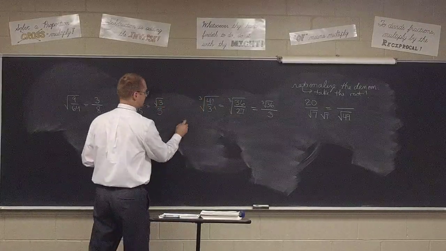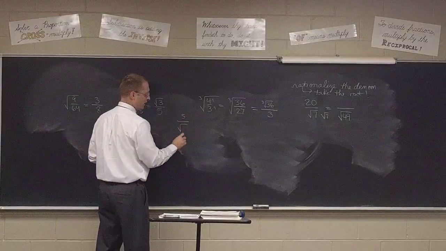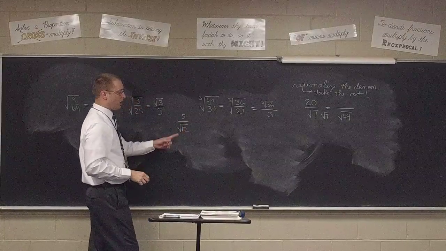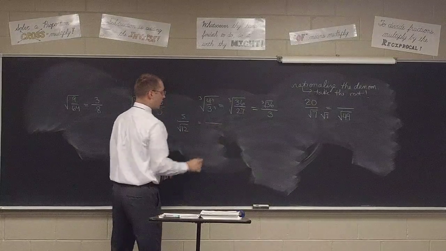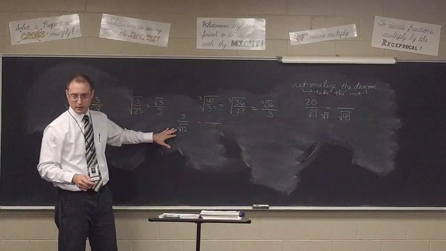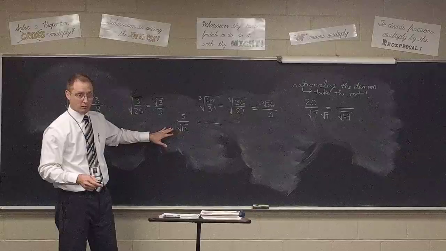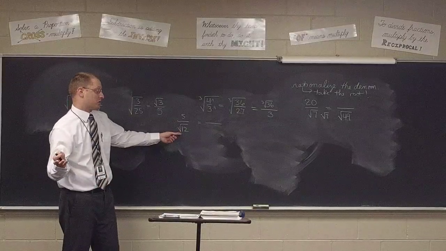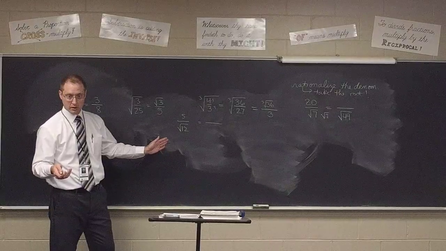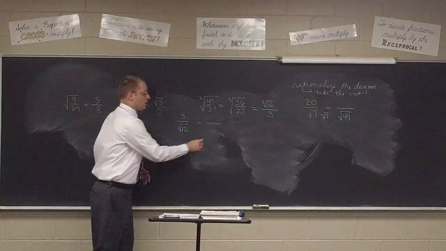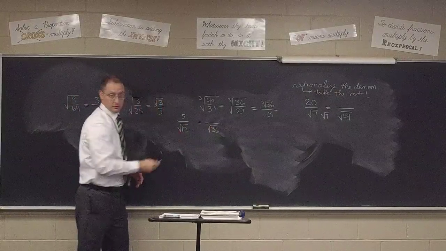Now, not always does it have to be multiplied by itself. For instance, if we had, say, 5 over the square root of 12, I don't have to multiply by square root of 12 to make this rational, right? What could I turn the square root of 12 into, class? Well, you're right, I could reduce this down, I suppose, but I would just want to make it rational. What about the square root of 36?